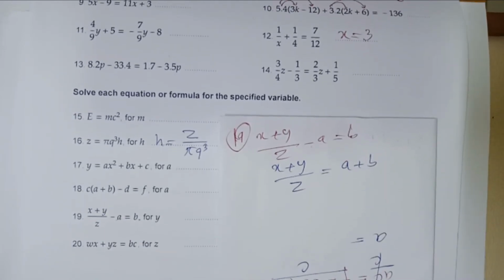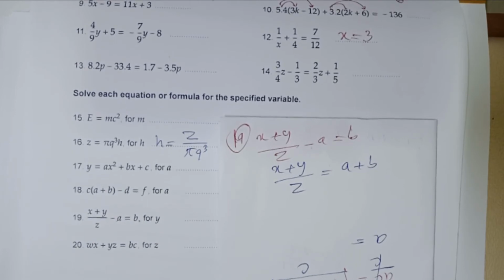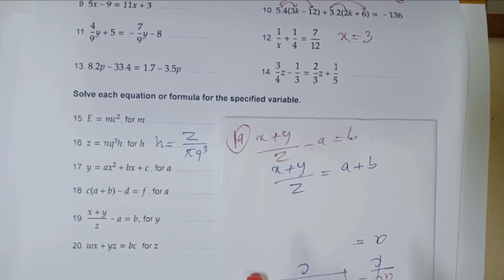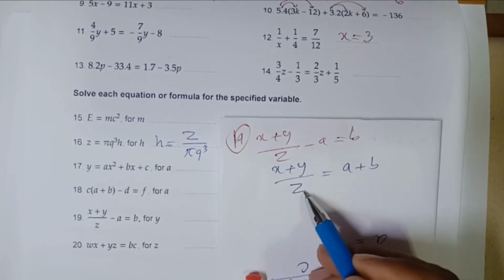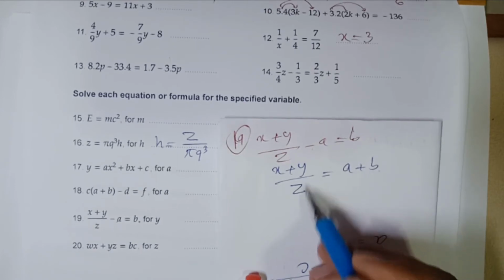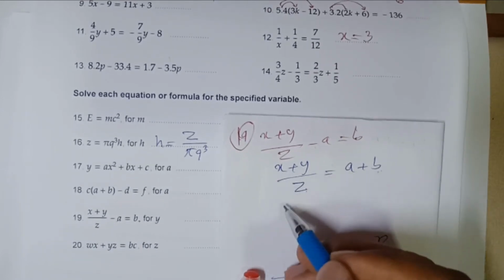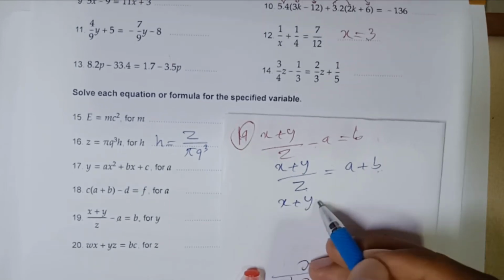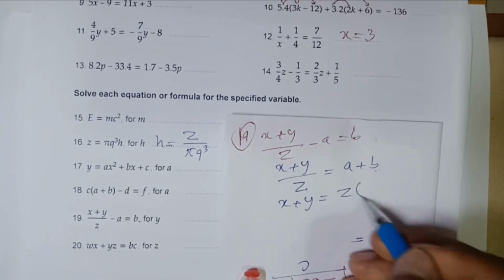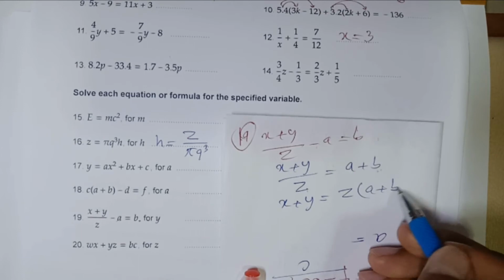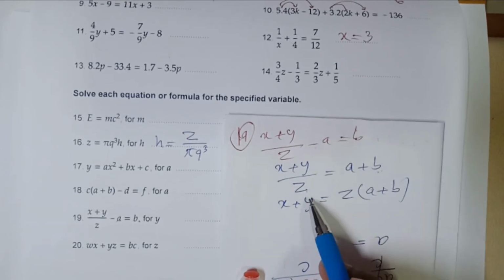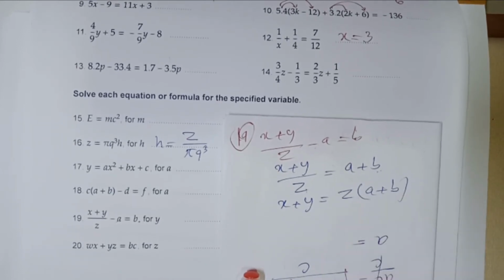Now after that you multiply. You see the Z section, this is the denominator. So you have to transpose this to this side. This is a division. When you move to this side, become multiply. So you will have X plus Y equal to Z multiplied by A plus B. You can multiply in and just leave it like this.